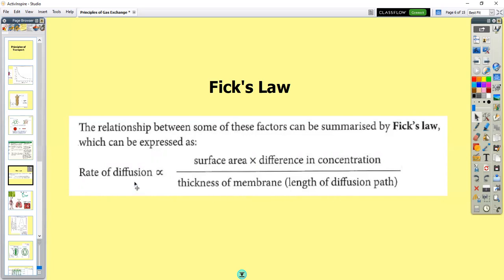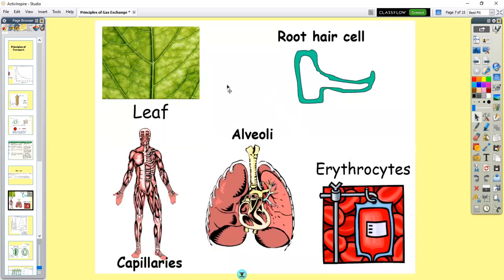Then that will increase the rate of diffusion, but it may be that you have to talk about different factors involved with the rate of diffusion. So large surface area, large concentration gradient, small diffusion pathway or diffusion distance or thickness of membrane. Okay, and examples of where these exchange surfaces occur and how they're affected by Fick's law.